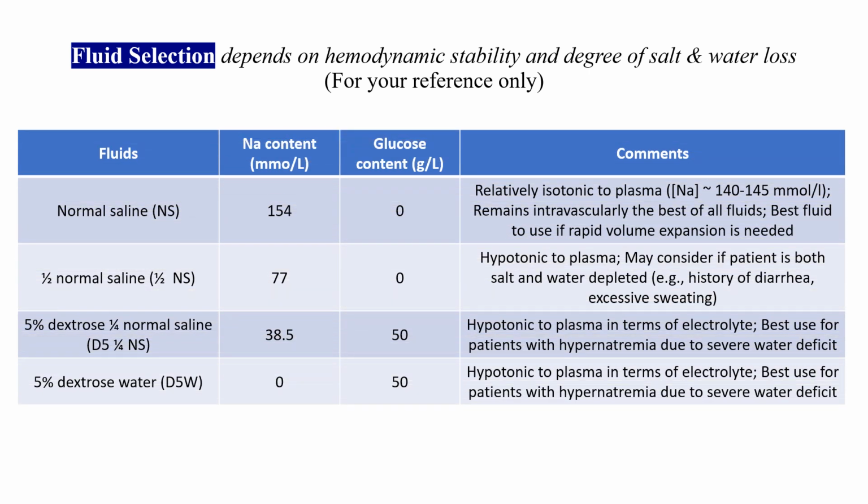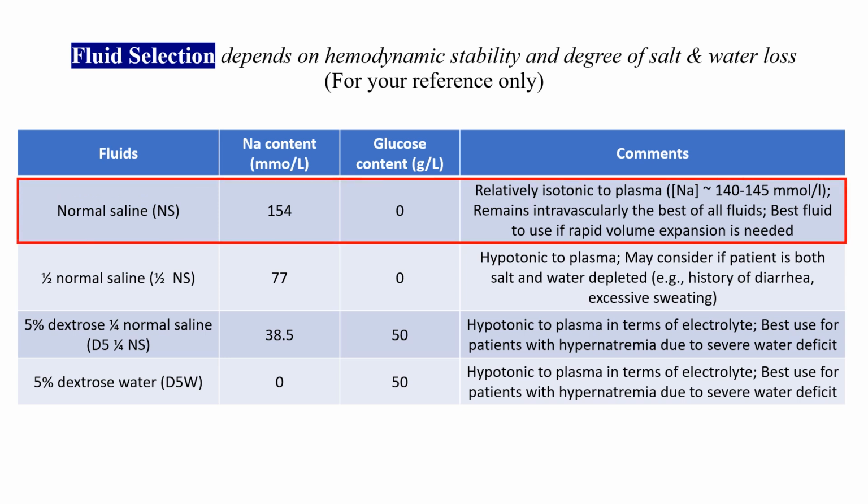Fluid selection depends on hemodynamic stability and the degree of salt and water loss. This table is for your reference for use during your clinical years. Normal saline is relatively isotonic to plasma. It is the best fluid to use to rapidly expand patients' volume when there is hemodynamic instability or collapse.